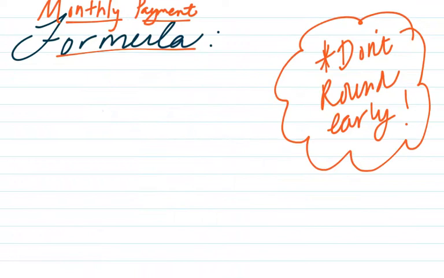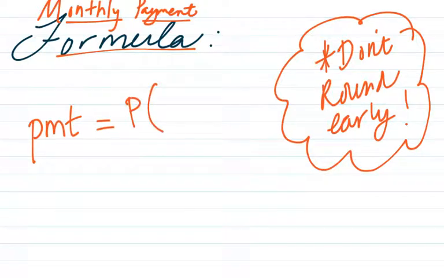We are going to look at the monthly payment formula. So what we want to do is we want to look at the formula and determine what each piece means and what each piece represents. So here, the payment for each month, which I'm going to abbreviate as PMT or payment, will equal the principal times the rate divided by N, and when we were looking at compounding interest, N was the number of times the interest was compounded.